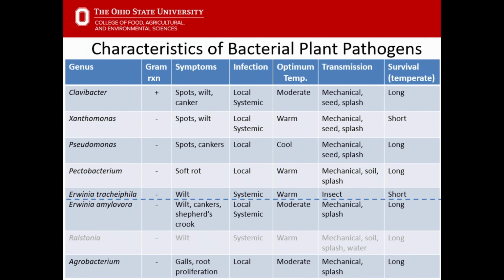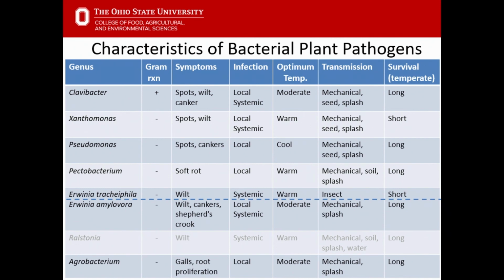Bacterial phytopathogen transmission varies by genus, but nearly all are transmitted by splashing water from rain or overhead irrigation. About half of the genera are also transmitted by seed. Erwinia tracheiphila is transmitted by cucumber beetles, which also serve to overwinter the bacteria.